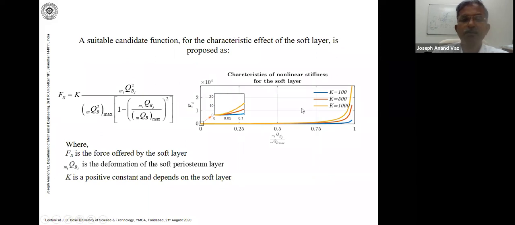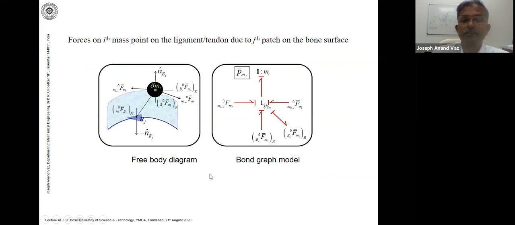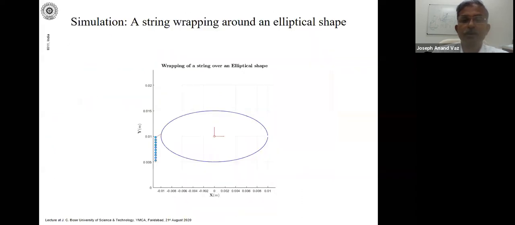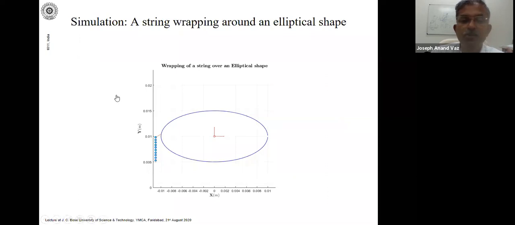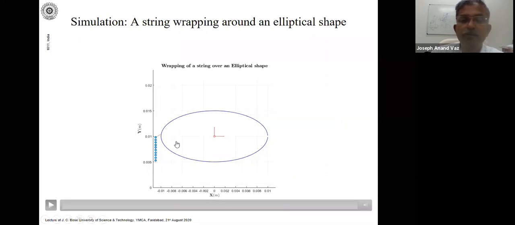We have used a similar model as the cartilage, but now we are dealing with the periosteum. This is the model. I'm not going into detail of this, but if we are to see how the wrapping phenomenon is done, you see an ellipse over here, but this ellipse is actually obtained from a point cloud. It's not the equation of the ellipse which is used.